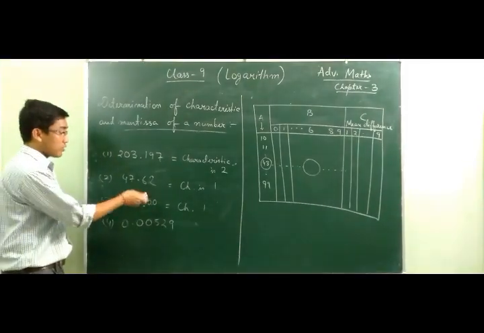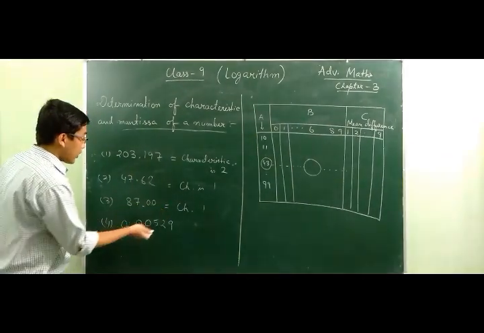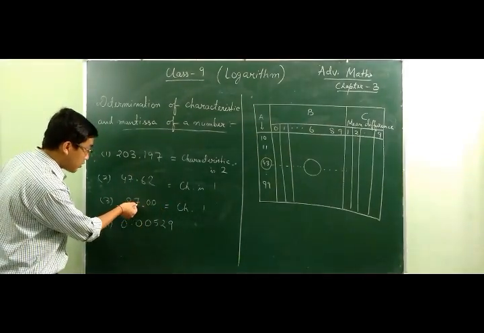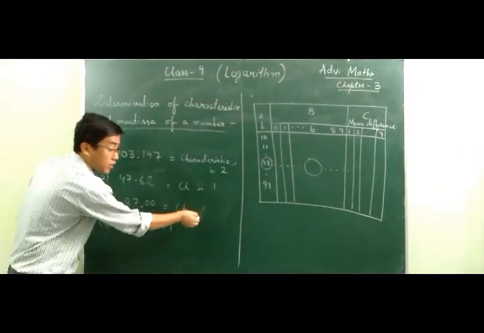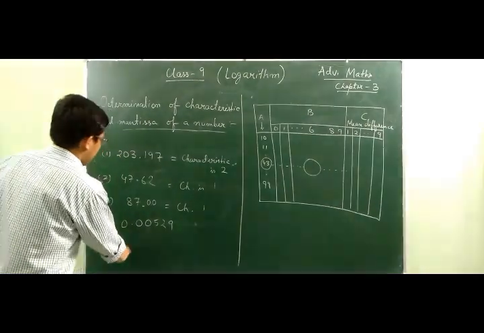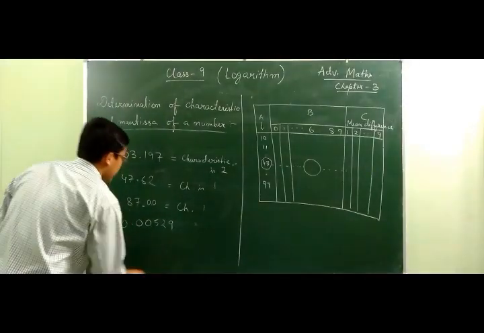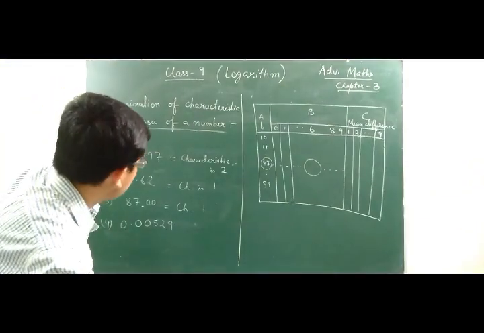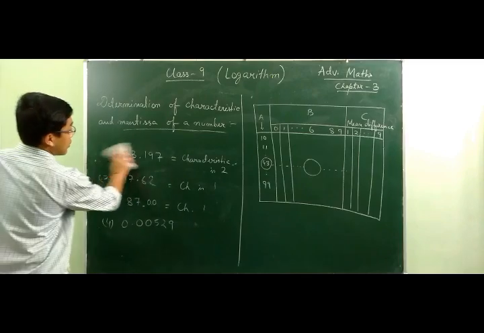If I don't write this, no problem, but if I write it, I also don't have any problem. So I can say that the number of digits before the decimal point is 2 here. That's why the characteristic is 1. So what about this? Let me erase this portion.